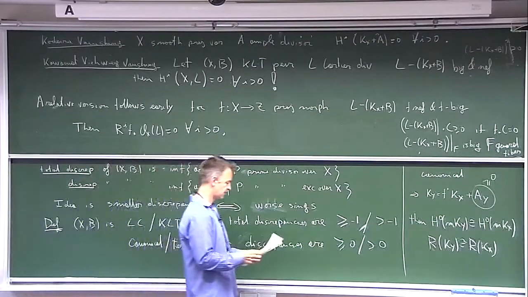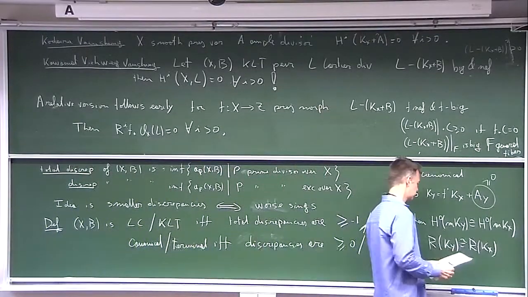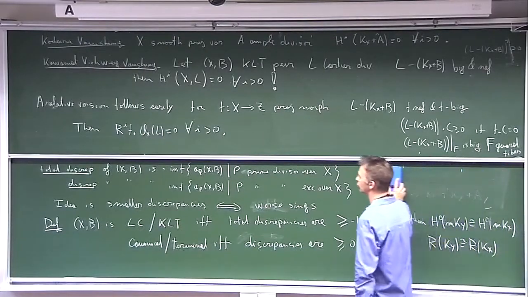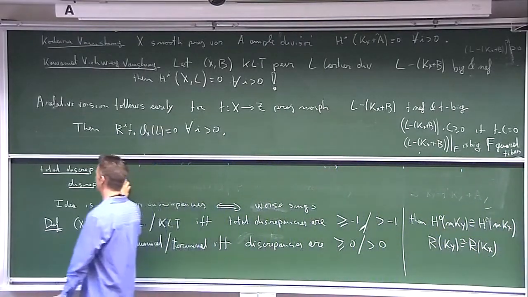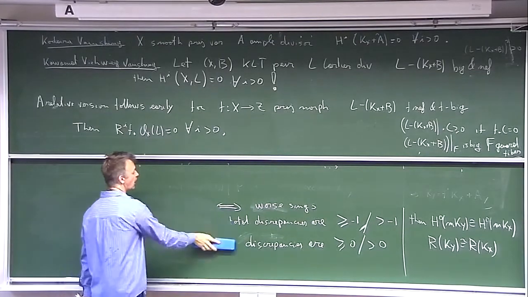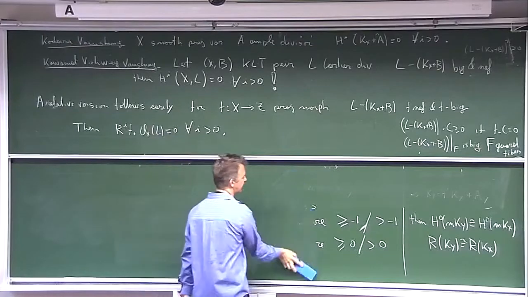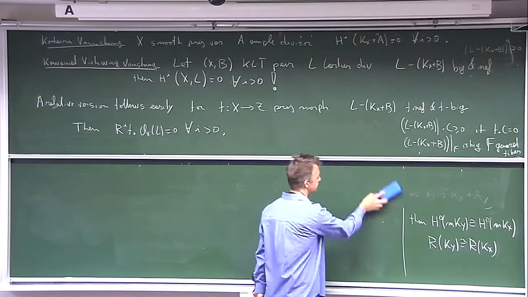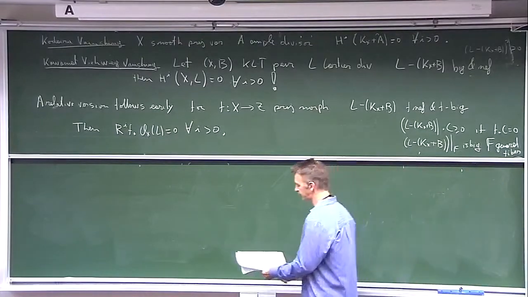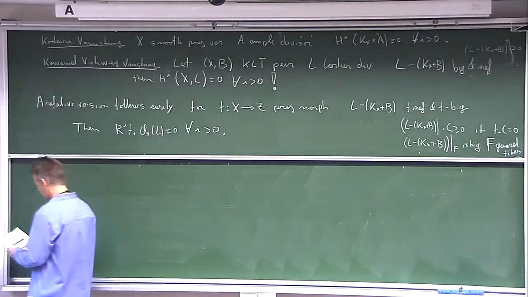So maybe the last thing I'll do is show you, clearly I'm not going to show you all of the consequences of Kawamata-Viehweg vanishing in this context, but I'd like to at least show you one which is really useful and may make you more of a believer in some of the statements that I'll make later on, because some of them are proven in a similar manner.